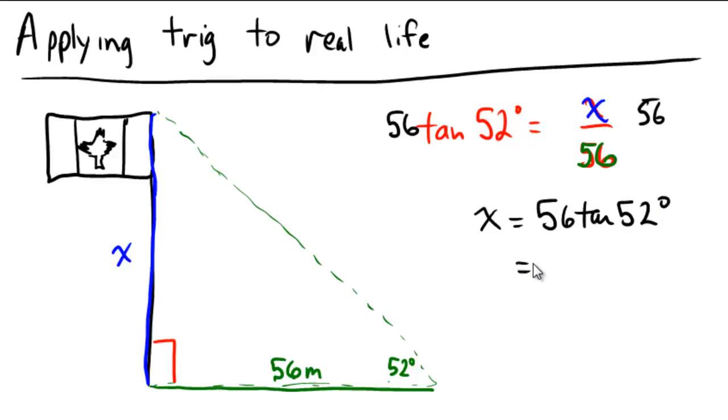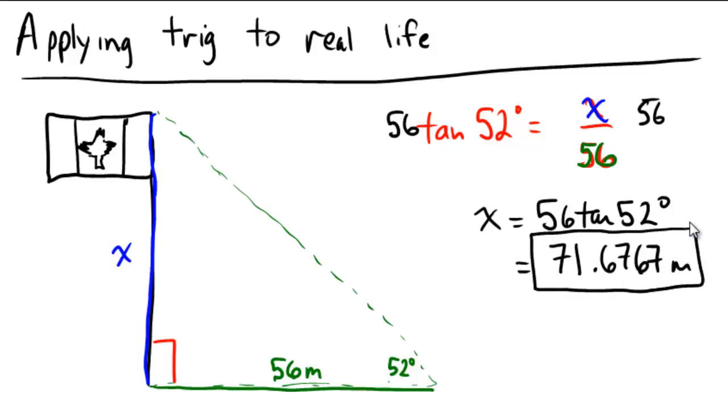Grab the calculator and calculate 56 tangent 52 degrees, and we find that the height of the flagpole is 71.6767 meters.